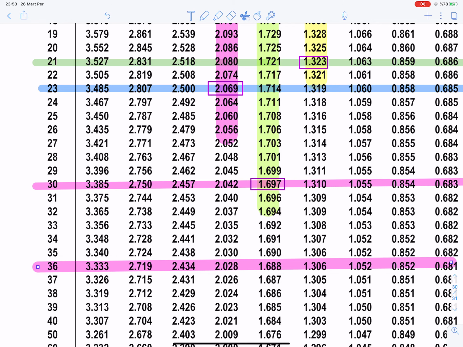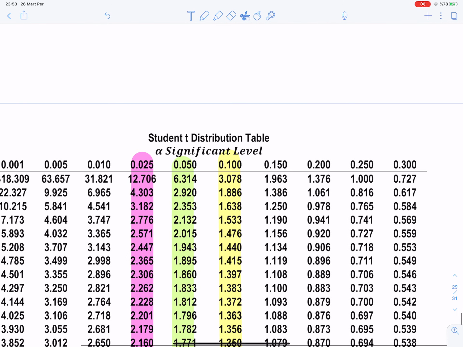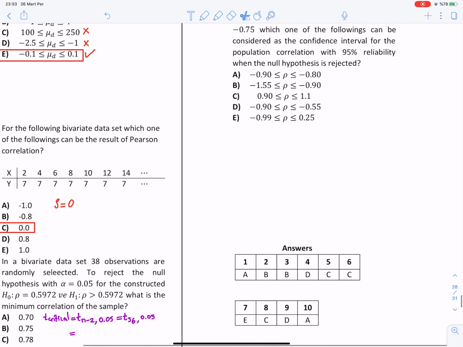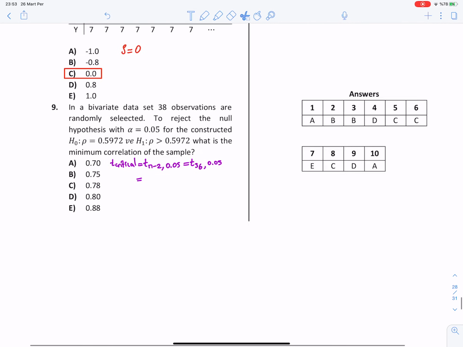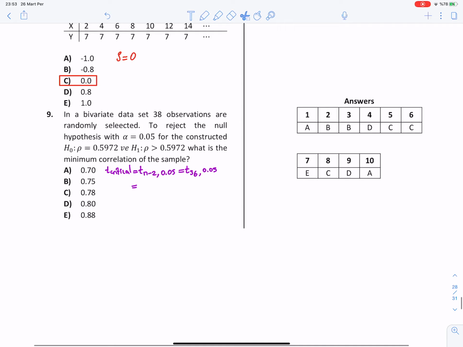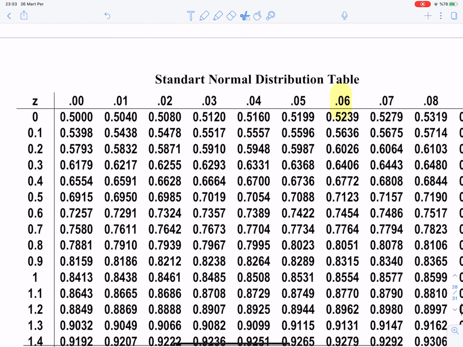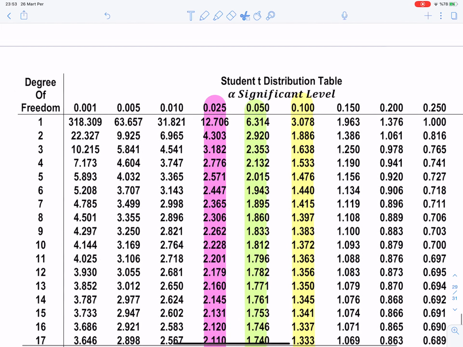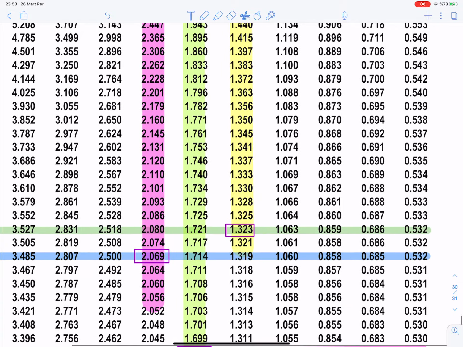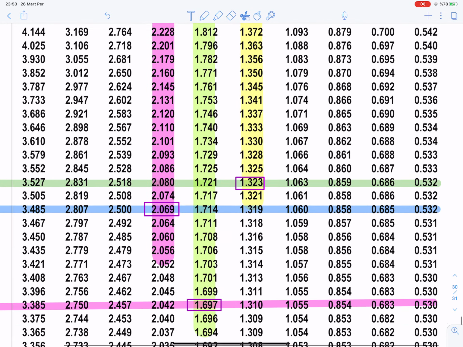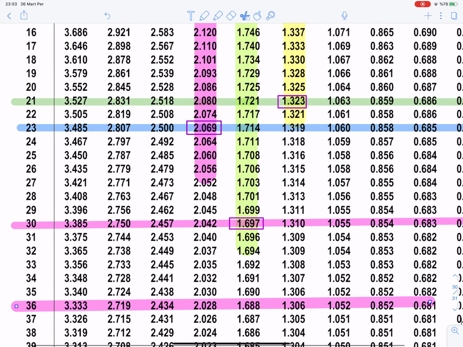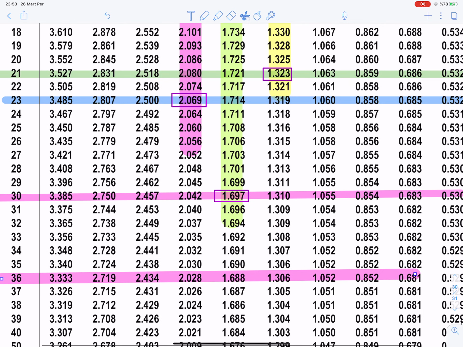Okay, and the alpha level is, let's get back to the question. I've forgotten, the alpha level is 0.05. That's the alpha level on the grid side, so the critical value will be, so this I'm gonna hide.